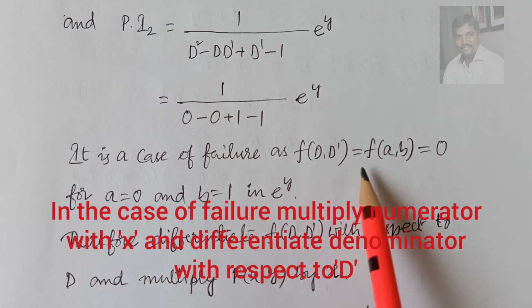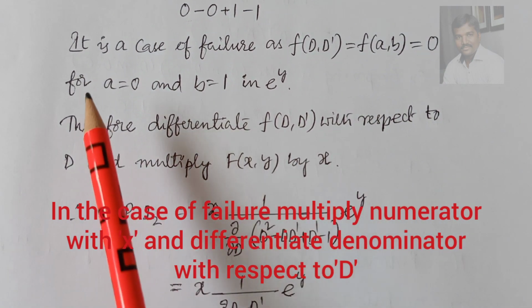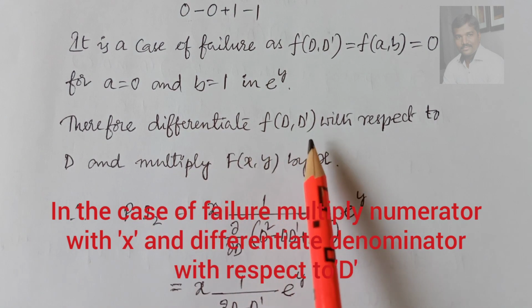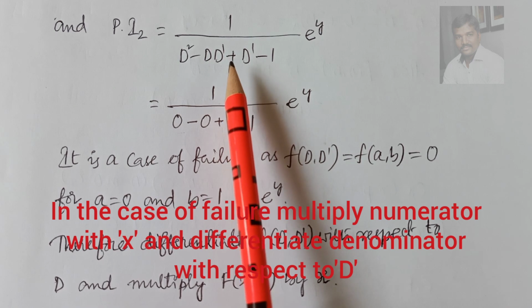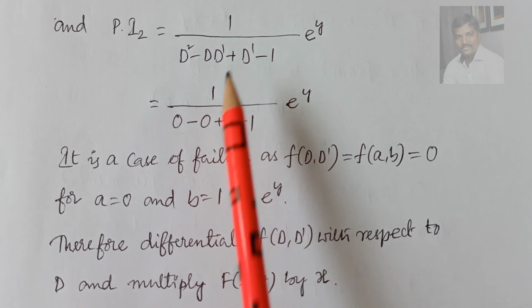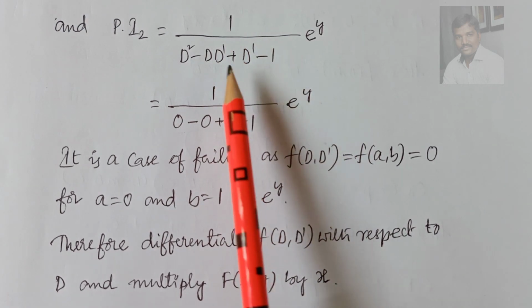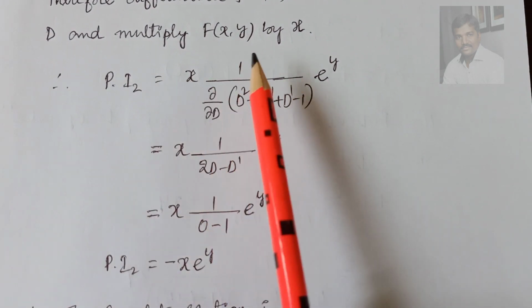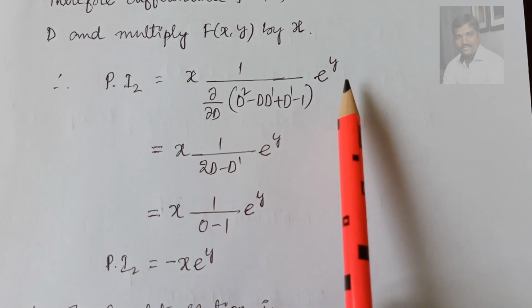Then what we have to do is differentiate the denominator with respect to D and multiply the numerator with x. So that is what we are doing here: x times 1 by ∂/∂D of (D² − DD′ + D′ − 1) into e^y.